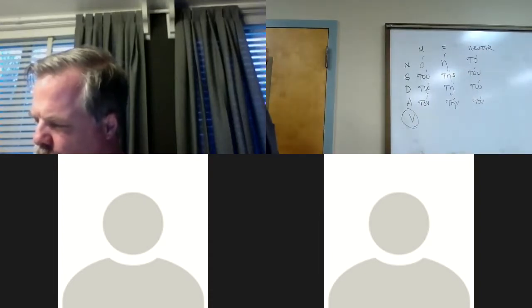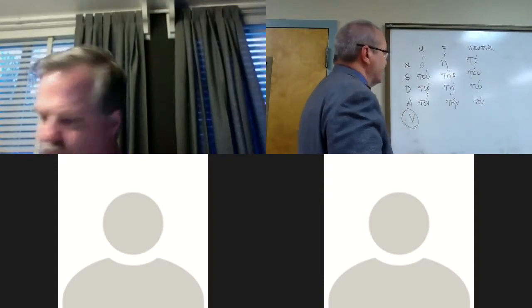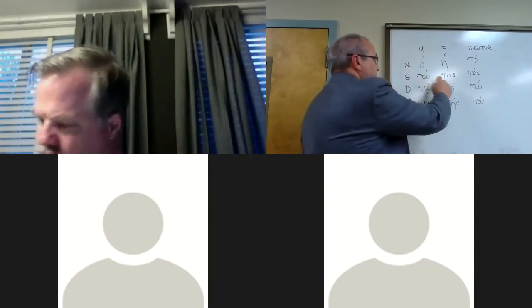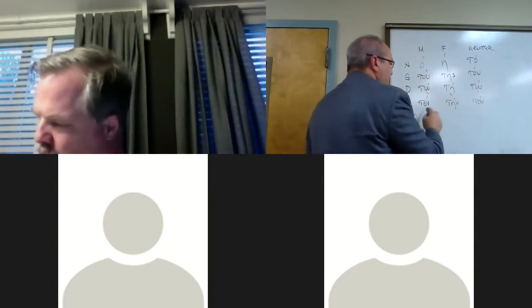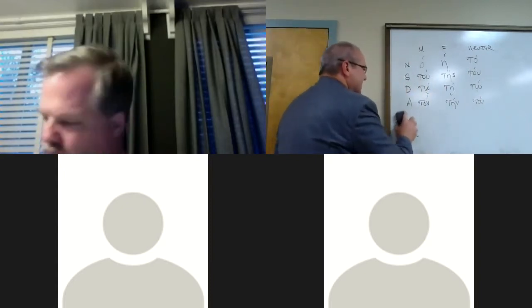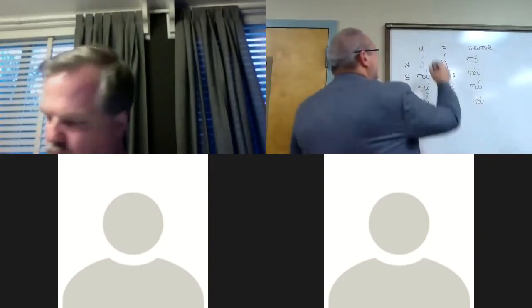Now, in essence, what we've done here is we've declined the article. And the article is simply this: ho, hey, to, taste, to, te, to, tone, tain, to. Now, that's the singular part. This is all singular.